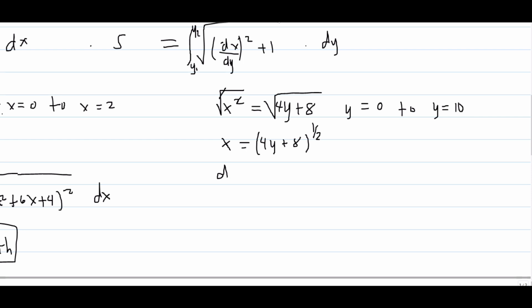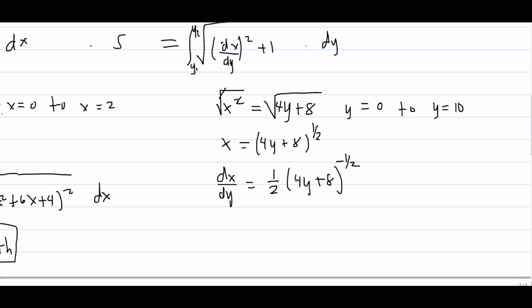So we take this derivative, dx over dy. Here we have 1/2 times the quantity 4y plus 8 to the power 1/2 minus 1, which is negative 1/2.